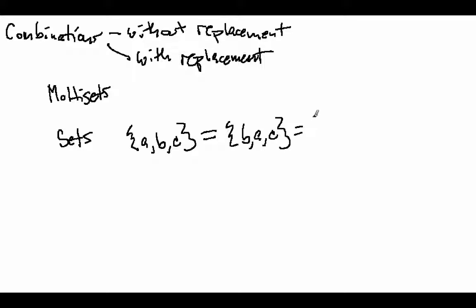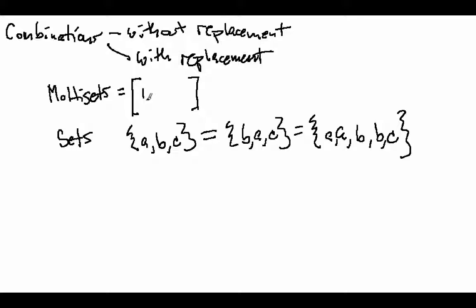But we also know that this is the same thing as this. Okay, that if we repeat elements, we just pretend that they're not repeated. In multi-sets, when they repeat, we do care about them. So when it comes to multi-sets, and I believe that your author is using this notation over here for a multi-set. In other words, we could have a multi-set that looks like this.